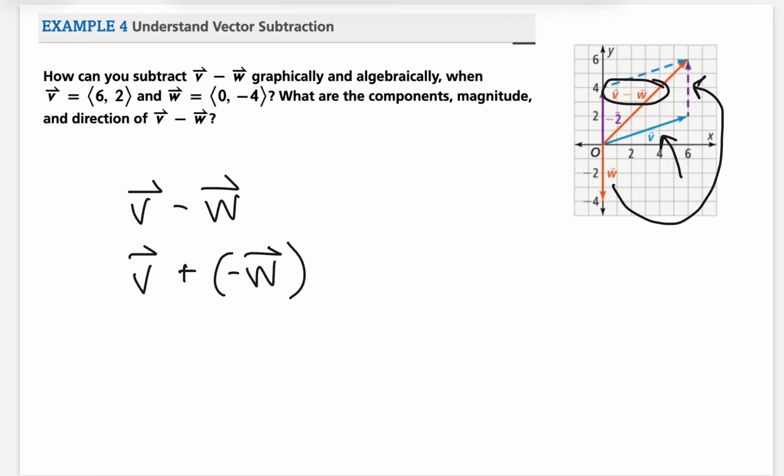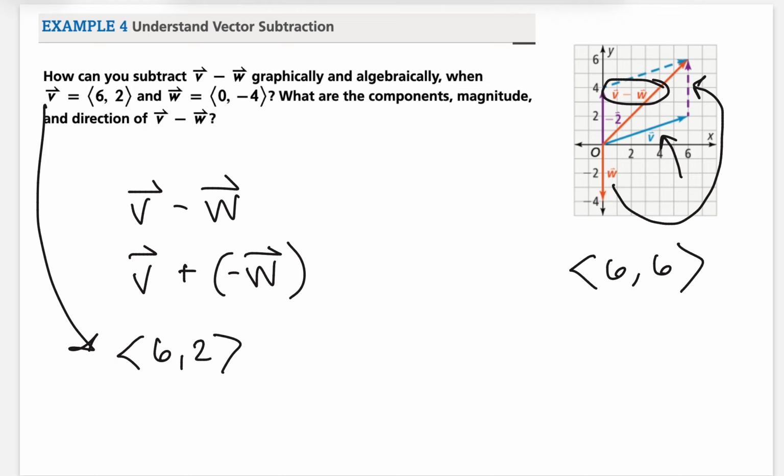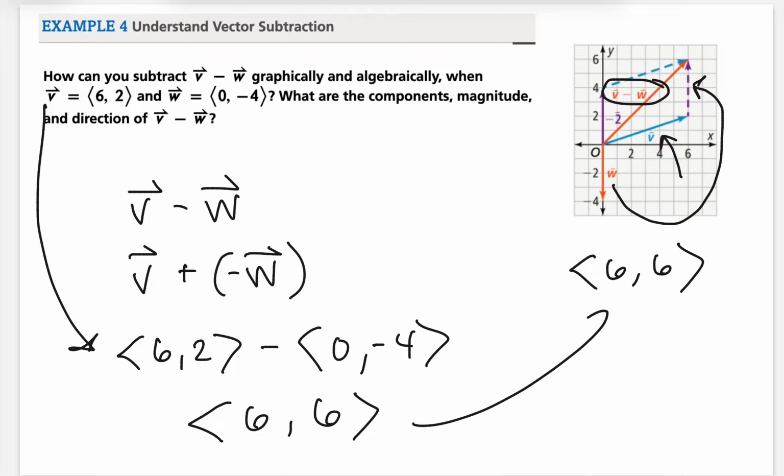So we can confirm on the graph. The graph gives us 6, 6. But if we look up here with our numbers, we can take 6, 2 minus 0, negative 4. So if we algebraically do that, 6 minus 0 is 6, and 2 minus a negative 4 is actually plus 4, so that gives us 6, 6. So you can see those match.